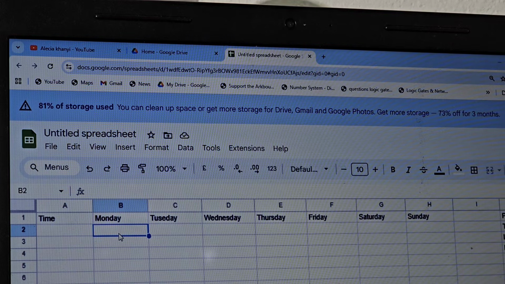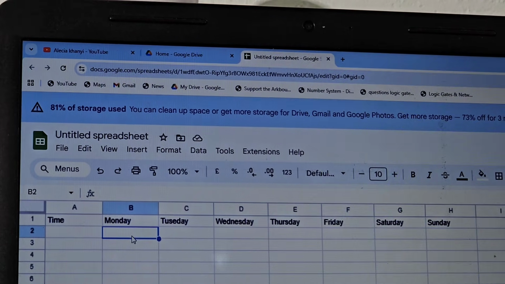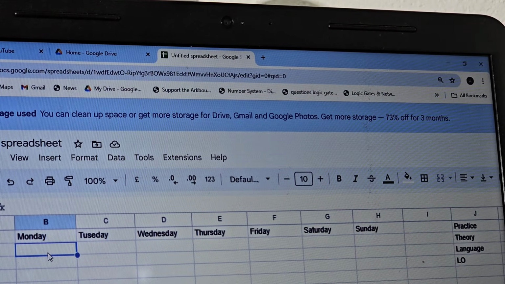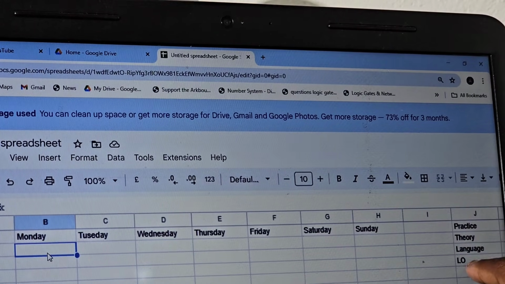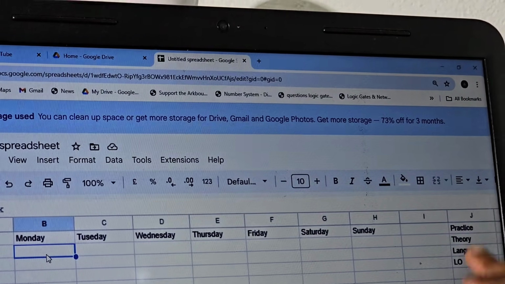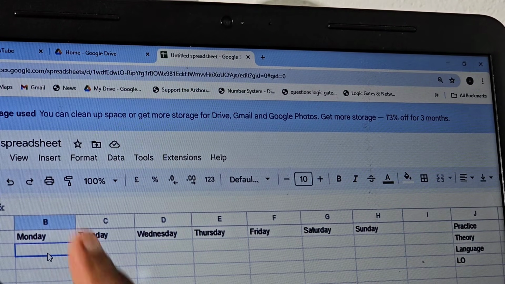So Monday, remember the structure: practice, theory, language, LO. That's your skeleton. You want to keep the structure at the back of your mind. So let's start. The subjects that I did in high school, I was in a science stream.